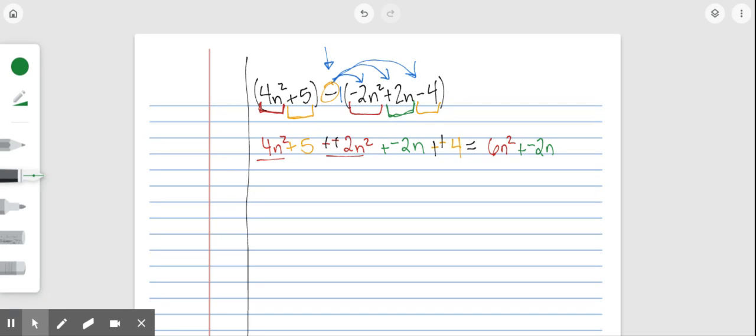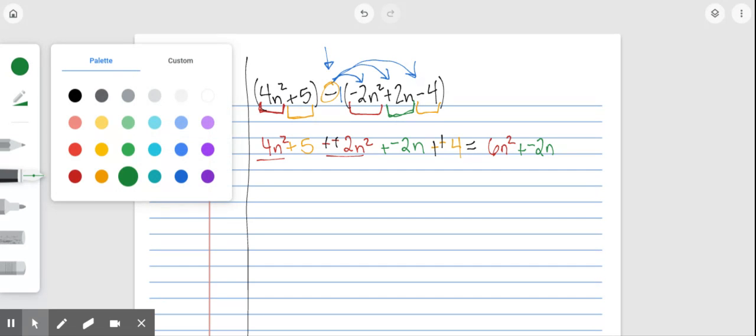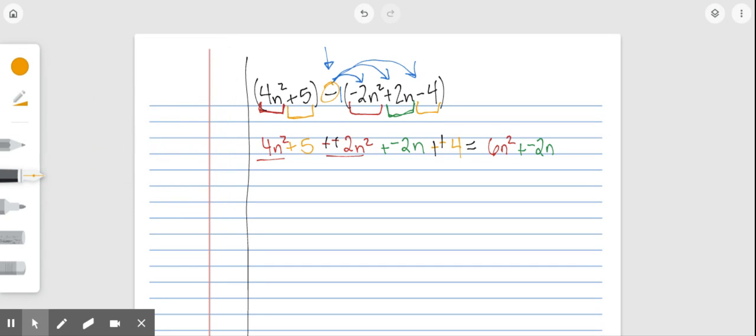So my n term should come before my constant term. If you put the constant term first, it's not a big deal, like if you put 9 first, I don't care. It's just that if you're writing in standard form, you want to keep the n's first and then the constants last. So that should be my expression as soon as I subtract everything. Again, this is just combining like terms, which you have learned and been doing for a very long time.